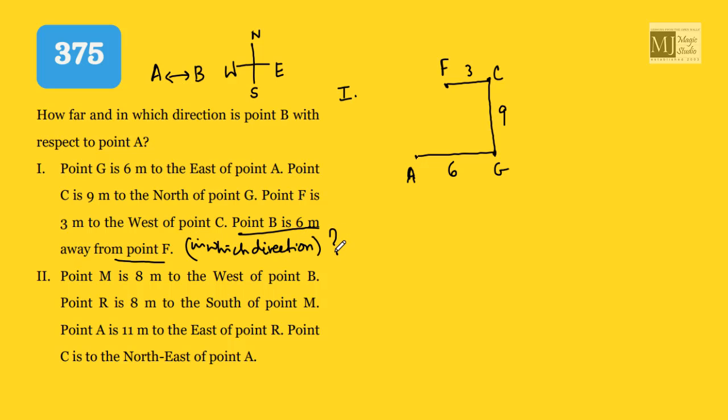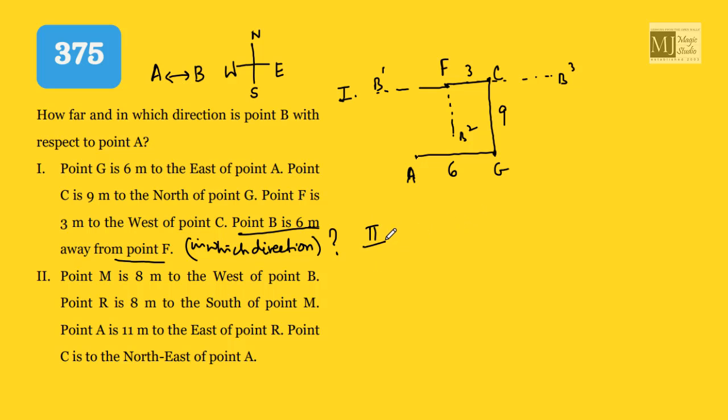We don't know. It can be anywhere. It can be in this direction, this direction, this direction. B point can be anywhere. That means statement 1 alone is not sufficient to answer this question.